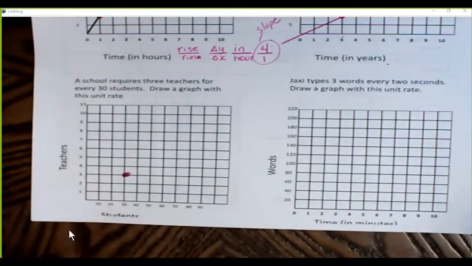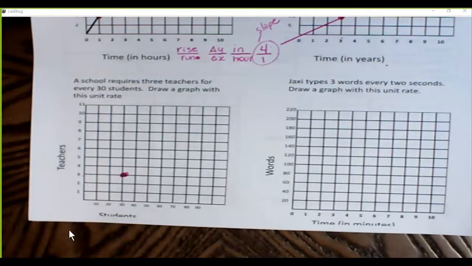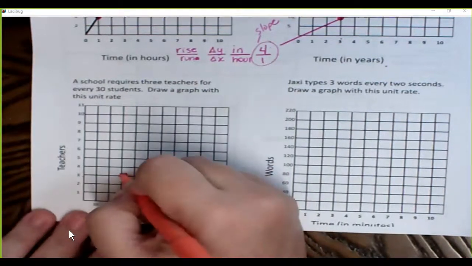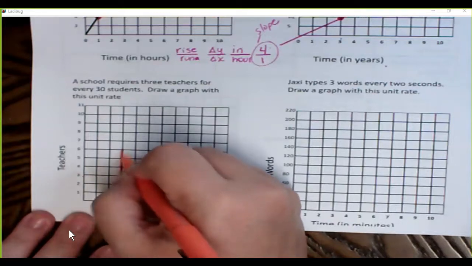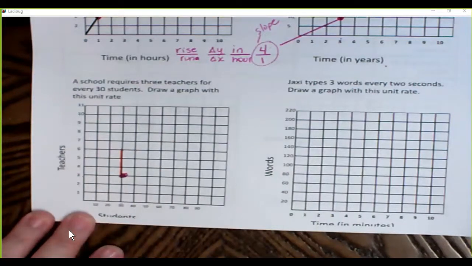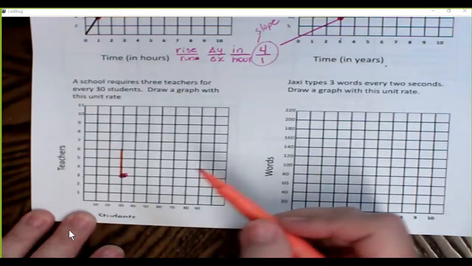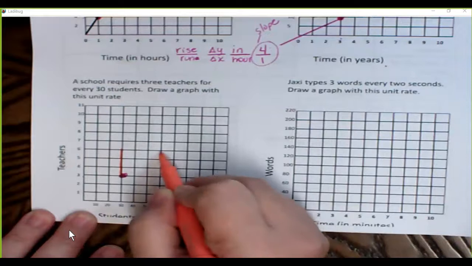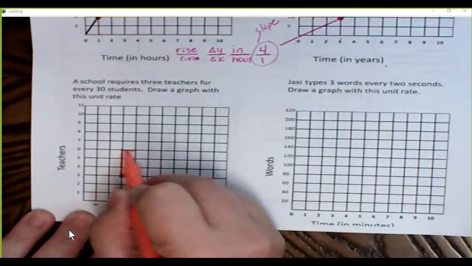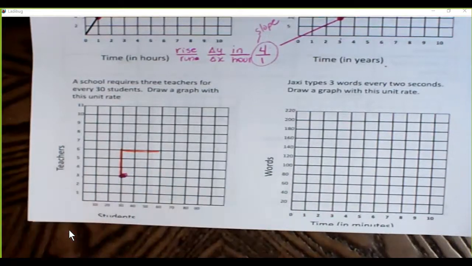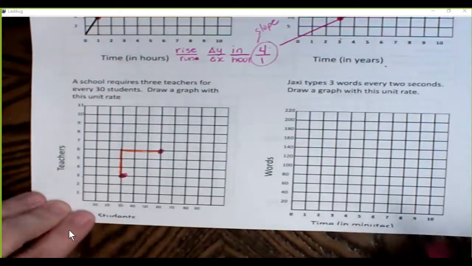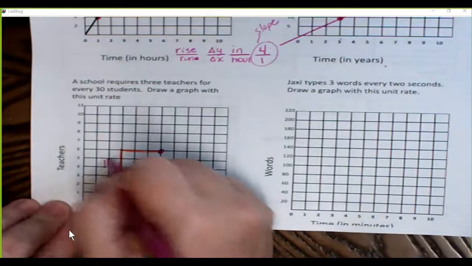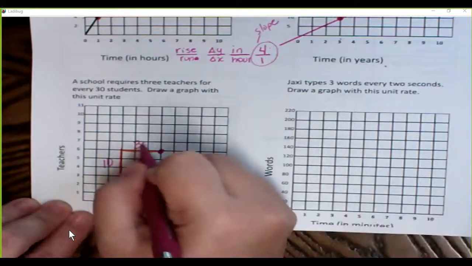And then to continue on, if I need 3 more teachers, 1, 2, 3 teachers, how many more students am I going to add? 30 more. So then where is it going to go over to? It's going to go over in line with 60. So there's 10, 20, 30. So notice, my rise was 10, my run was 30.